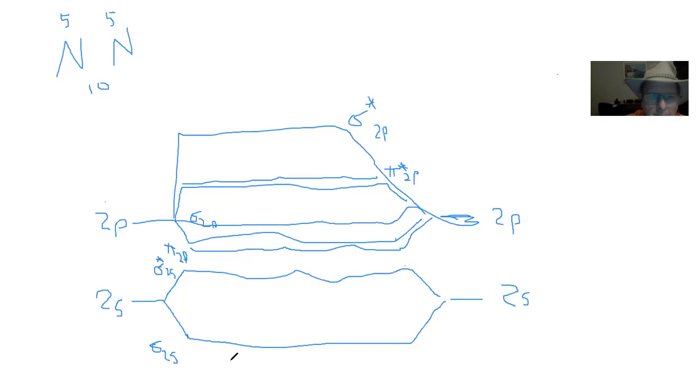So I've already used up 4 from the 1s. So I have 6 left. And they have to fill from the, I'm sorry, I counted the electrons wrong. I'm wrong.